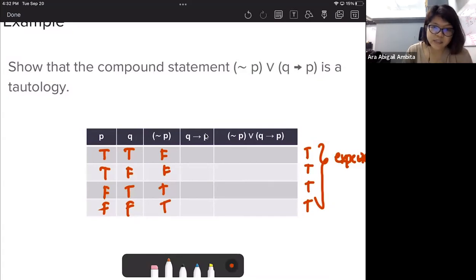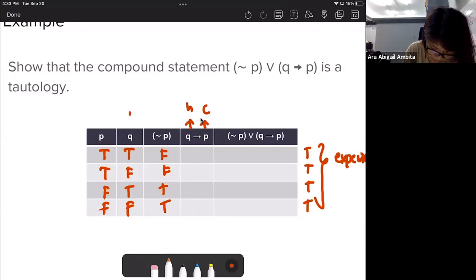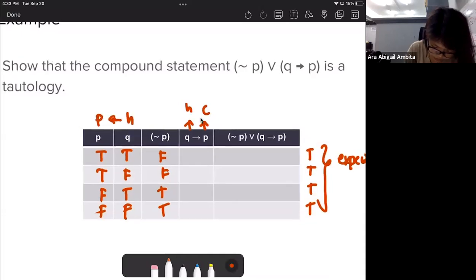Now let us look at the implication of Q and P. Q is our hypothesis and P is our conclusion. So you look at this direction: this will be our hypothesis and this is our conclusion.